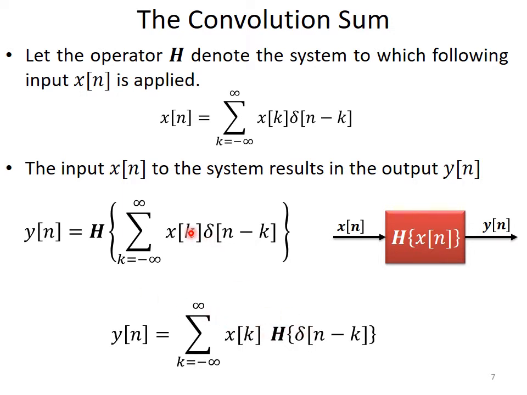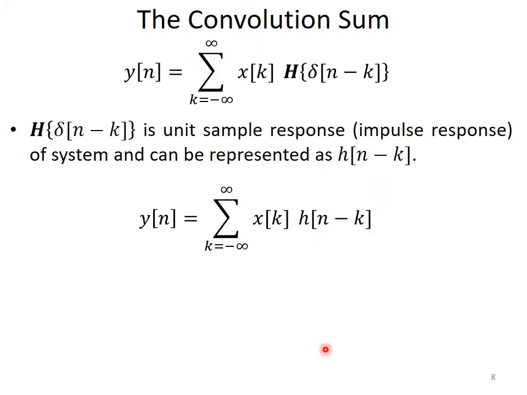So using the scaling property, we can take this out, and the rest of the equation can be written in this form: y of n equals summation of k from minus infinity to infinity x of k and h of delta n minus k. Now this is basically the impulse response of the system. H is the system, and this is the impulse as input, right? So this entire expression is basically the impulse response of the system.